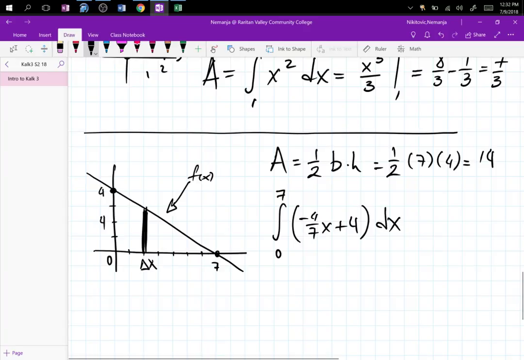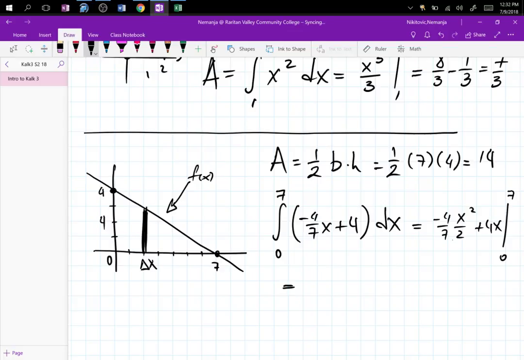So this calculation better give us 14, or we close the book on calculus and don't have to worry about it. So we have negative 4/7 times x squared over 2 plus 4x computed from 0 to 7. That's our calculation.